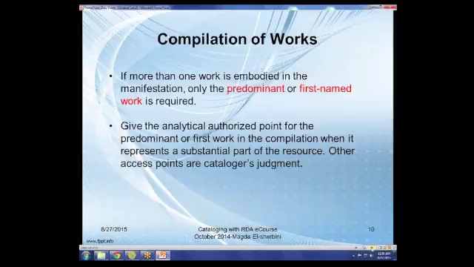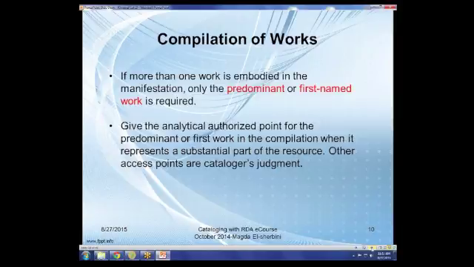Now, what then do you do when you have more than one work being defined as an information resource with a title and an author? So you have more than one work in a single physical container. So for instance, an anthology might be an example of this.